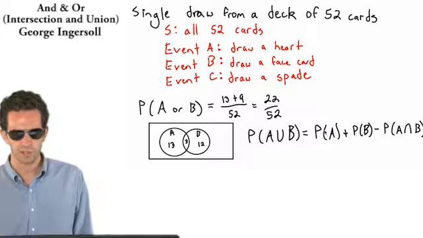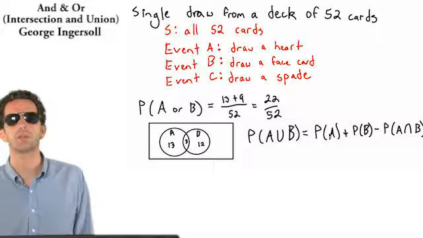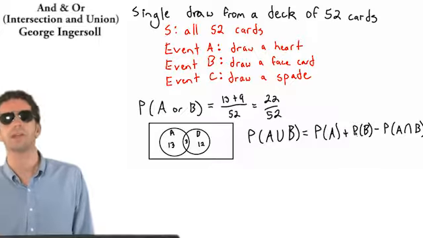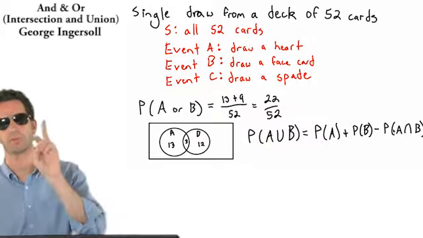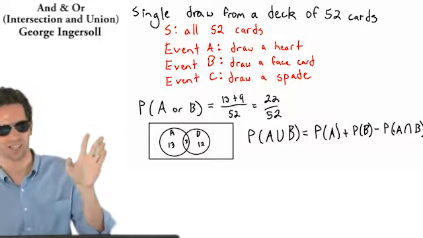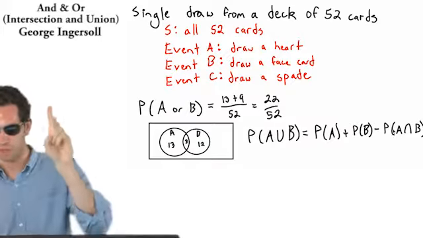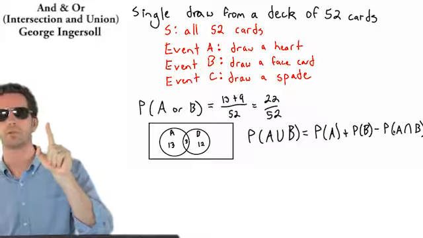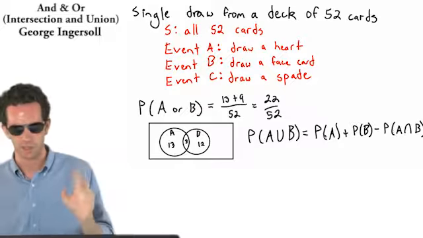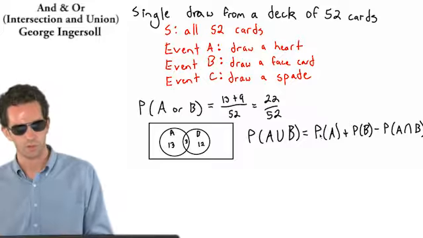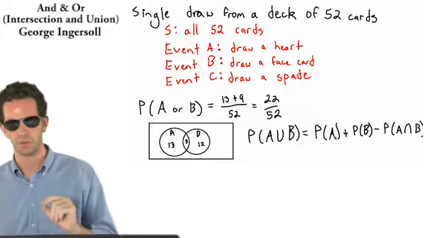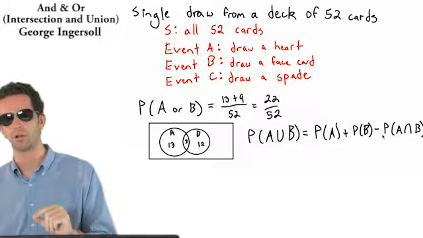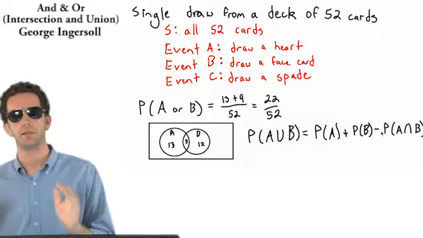We've counted the cards that are hearts and face cards once here. We've counted them again here. So then we have to take it out once. Because we've counted it twice, we have to remove one of those counts to get back to the realm of reality. So the equation to find the union of A and B, meaning probability of getting A or B, is probability of A plus probability of B minus the intersection of A and B.